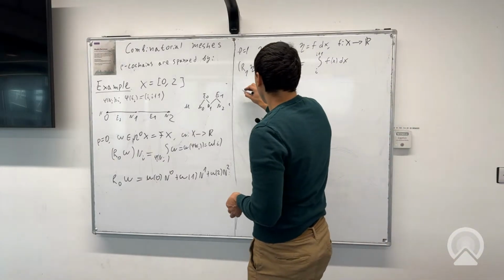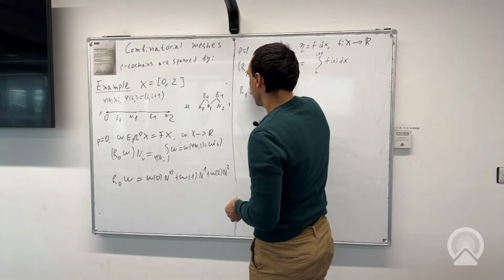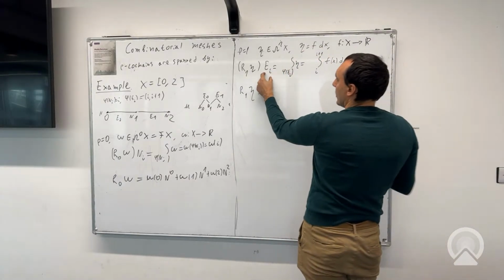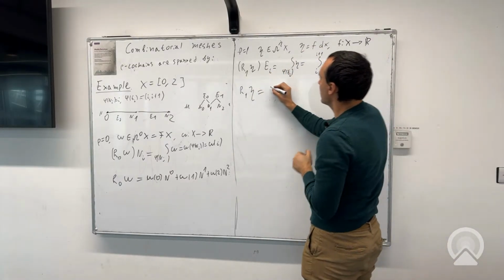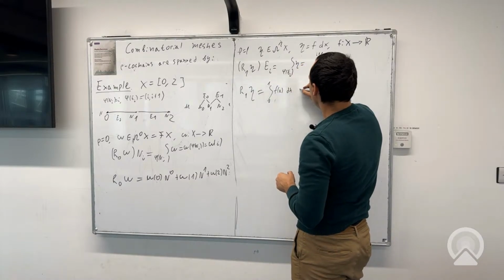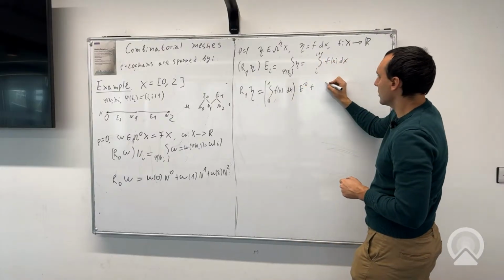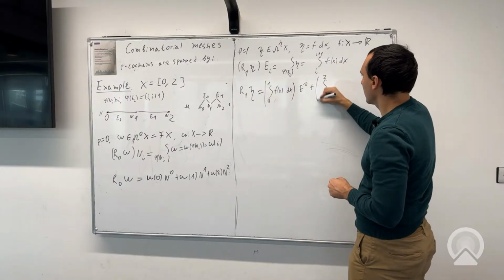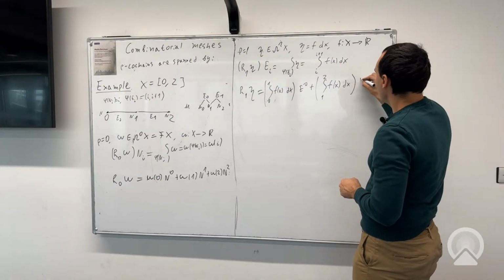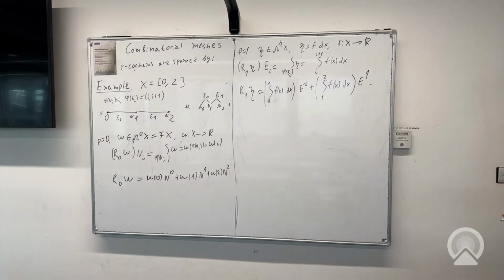And so R1 of eta is the cochain given as follows. So this is the integral from 0 to 1 of f(x) dx times e0 plus the integral from 1 to 2 of f(x) dx of e upper 1. So this is this cochain here.